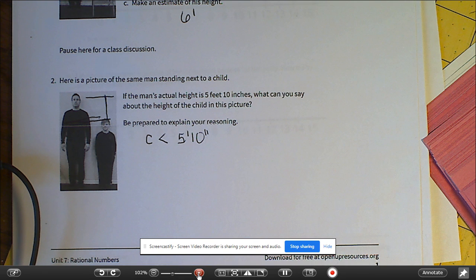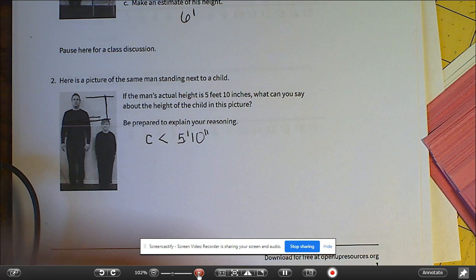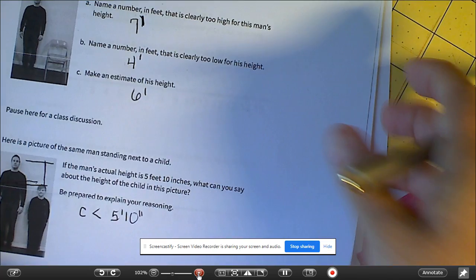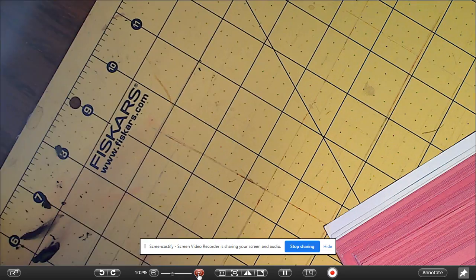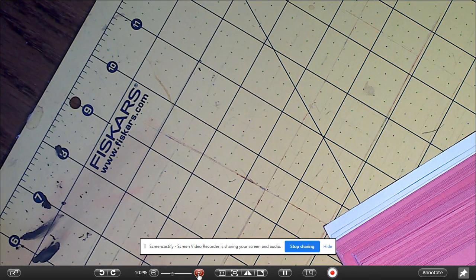If you can come up with more than that, that would be great. This is where we're supposed to be discussing that. The child probably is greater than 3 feet, right? So anything like that, it's just to get you thinking about the different heights and inequalities.